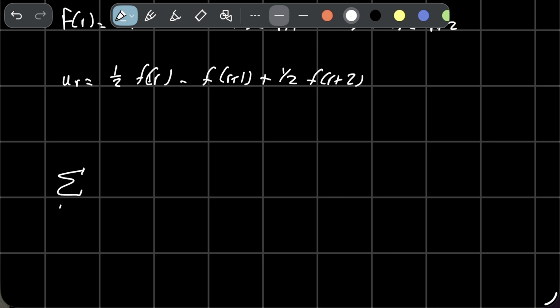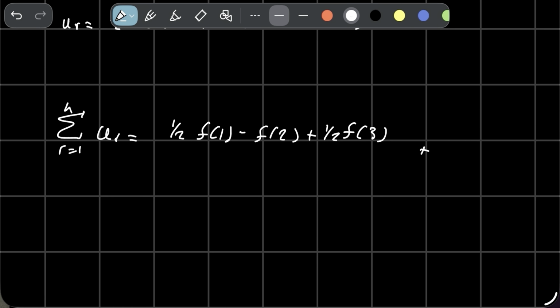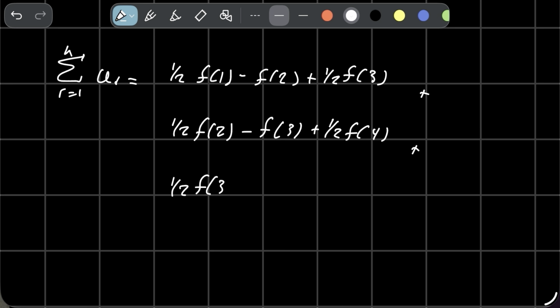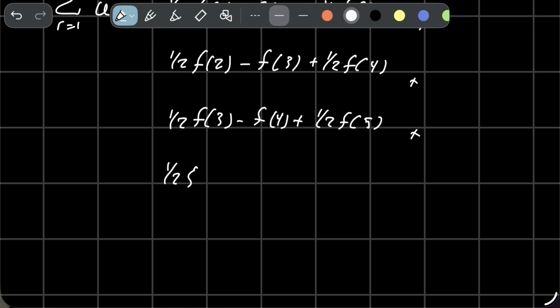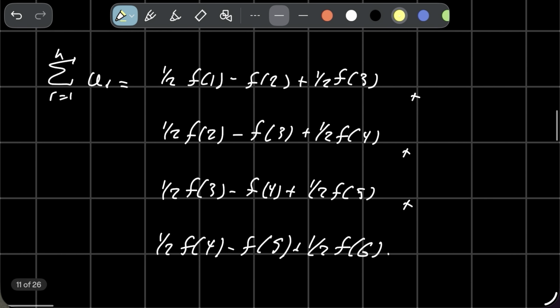So the sum from r equals 1 of u_r equals half f1 minus f2 plus half f3, plus half f2 minus f3 plus half f4, plus half f3 minus f4 plus half f5, plus half f4 minus f5 plus half f6. Now let's see what would cancel completely.